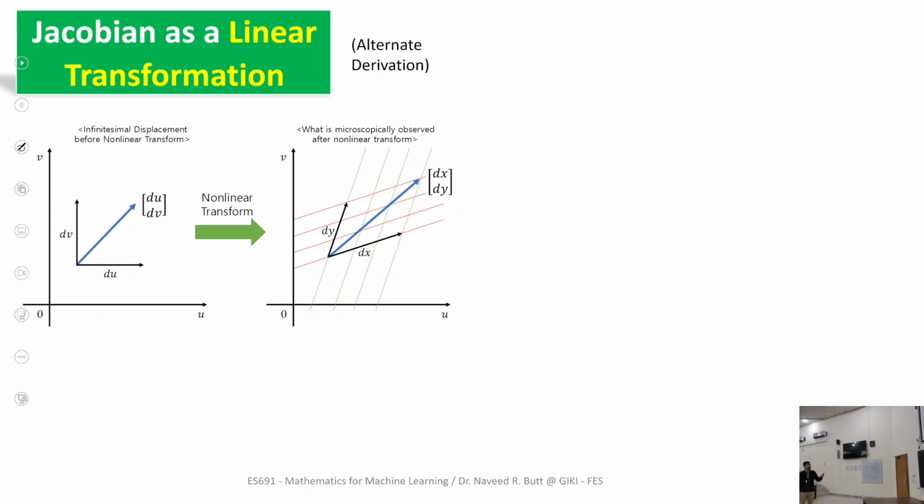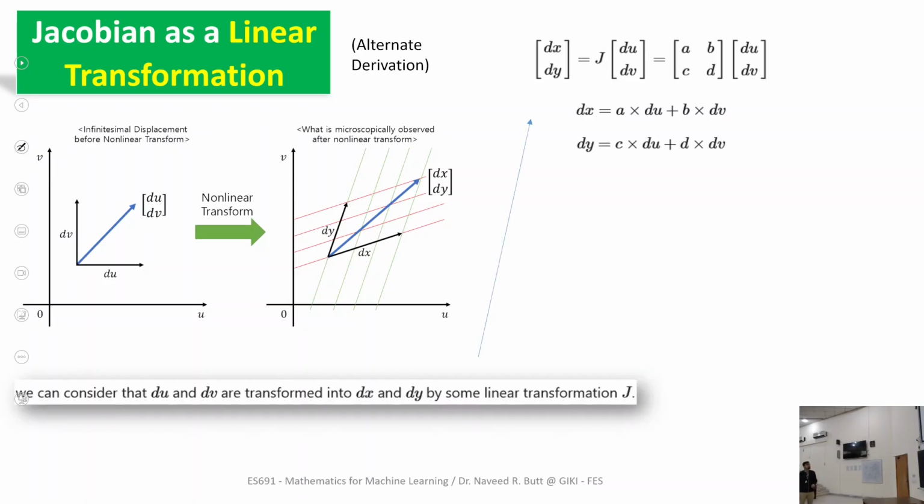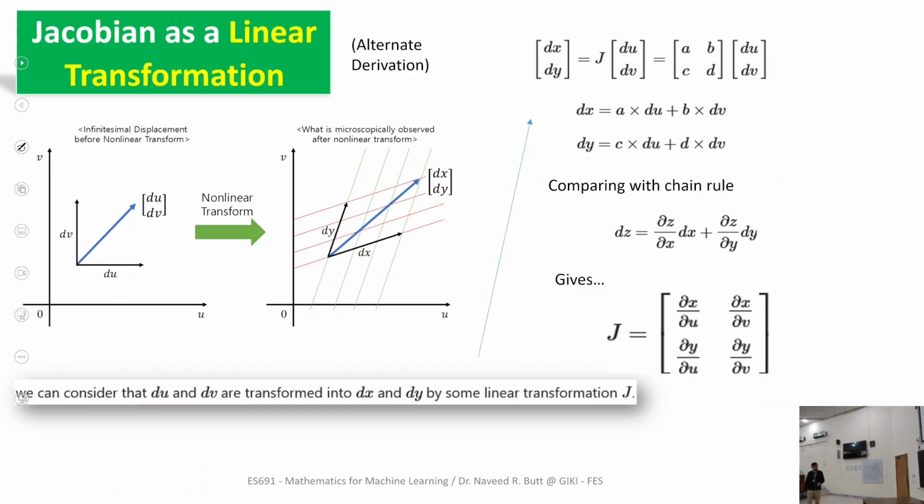So du dv has now become dx dy, and if you write that out as a linear, if you say, okay, there is a multiplier j, right, that was a linear multiplier, that is a b c d. If you multiply that out, now this second जो lines लिखी हैं dx equals a du plus, if you compare that to the chain rule we already looked at, this one, yeah, if you compare that, what does j come out to be?